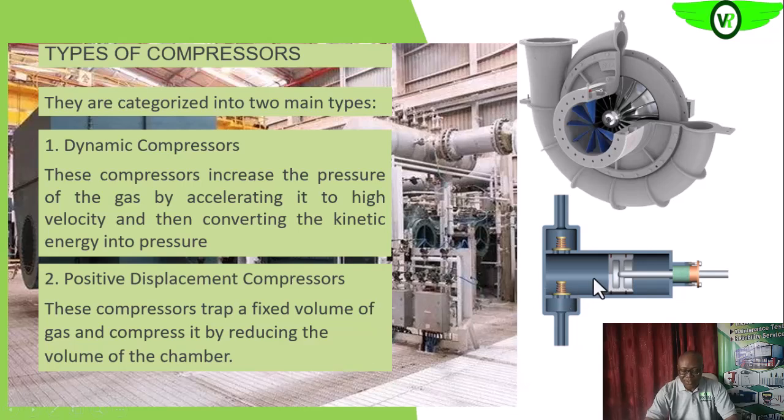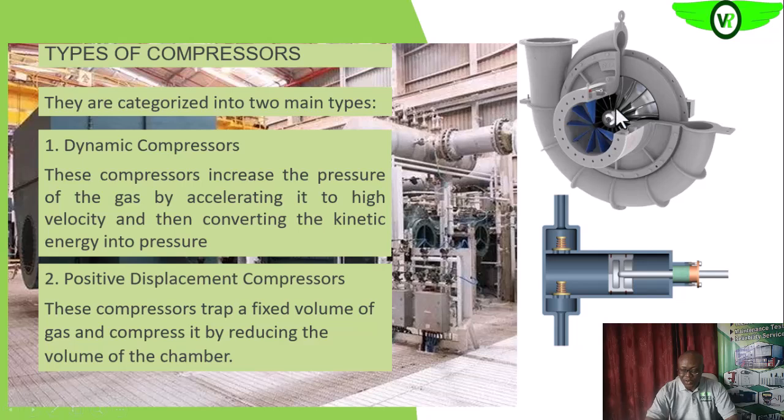In this arrangement, you can see we have a piston and a rod that is connected to the piston. As the piston is moving to and fro, it compresses whatever is contained in the chamber, the cylinder, and that increases the pressure, and that will be discharged as compressed gas or compressed fluid.